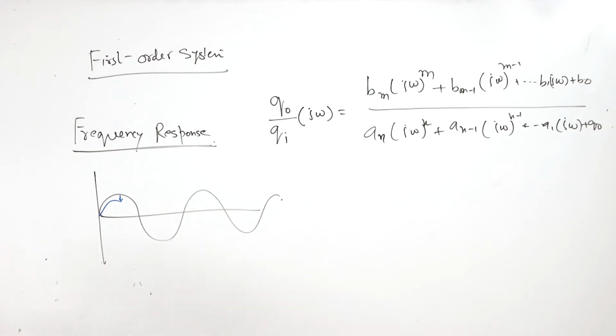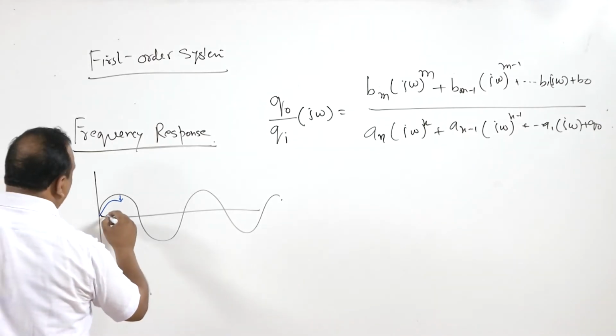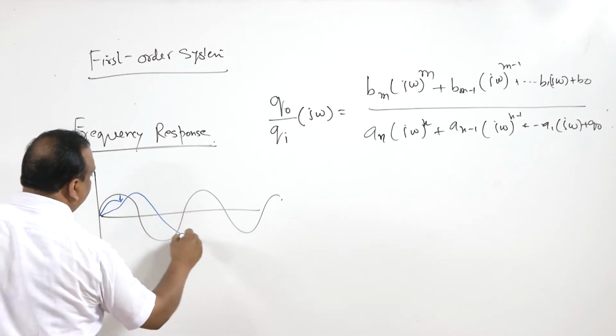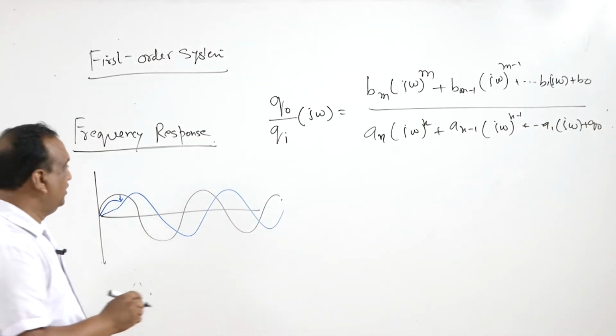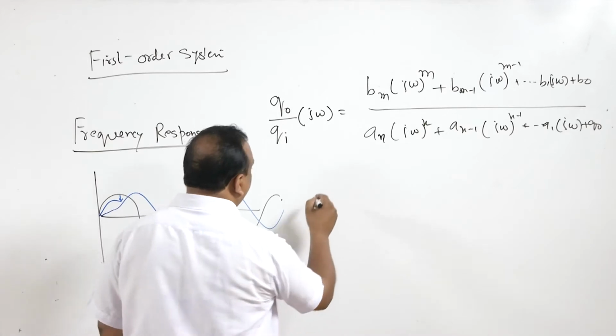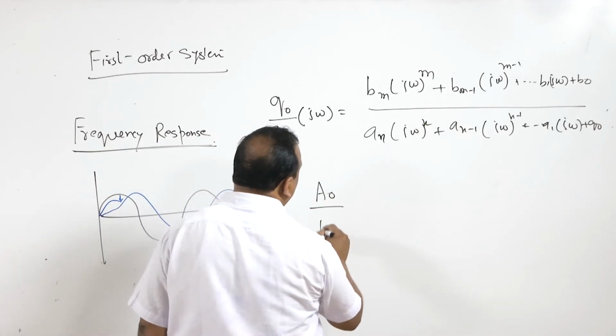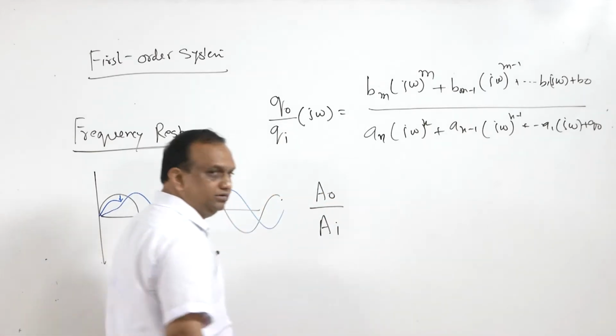Output and input, are they going to remain in the same phase, or is the output going to be out of phase? So there are two things in the frequency response. First is amplitude ratio, which is output amplitude divided by input amplitude.